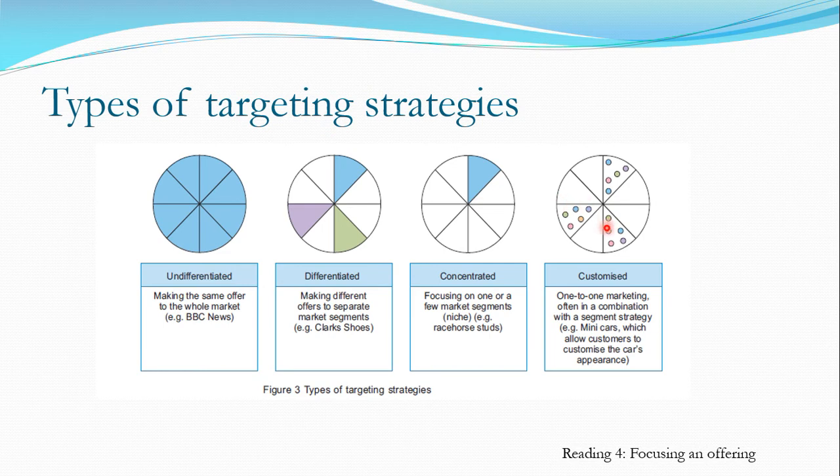Going more and more specific, the customized strategy, and sometimes we call it one-to-one marketing. يعني even in each segment, we can provide different products to different people inside the same segment. This is very customized, very detailed. When we allow people, for example, to choose their specifications in their car, يعني مثلا some car manufacturers allow people to choose specific options in their car, and they make it tailor-made, يعني كأنهم بيفصلوا العربية لصاحبها.